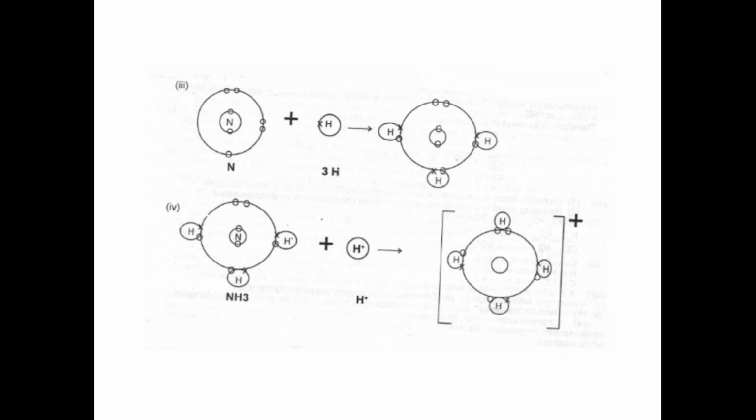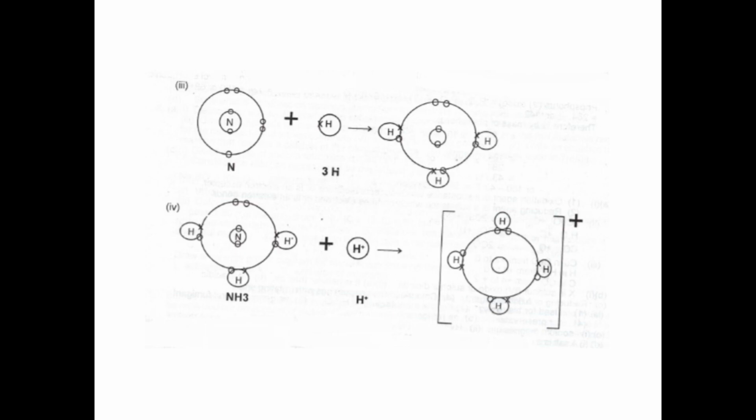You have NH3, one hydrogen atom each combining with a nitrogen atom, and of course in nitrogen, don't forget, you have three single electrons with a lone pair on it. So it will use one each to bond with the hydrogen atoms to form NH3. So this is how you should do the diagram.